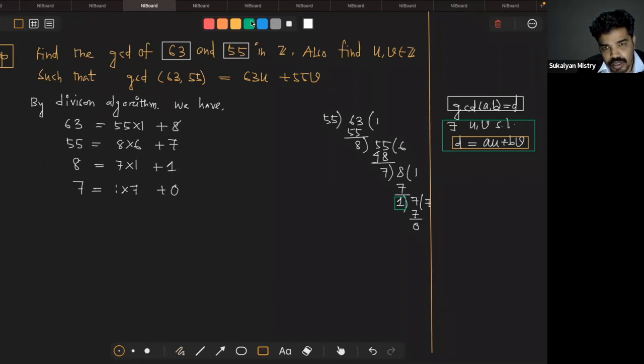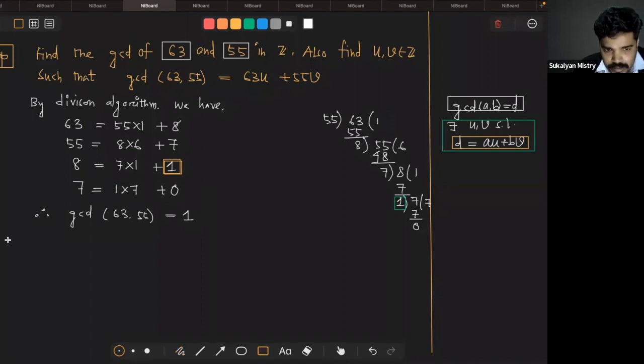So 0 পেয়ে গেছি, so 1 is the GCD. So therefore GCD of 63 and 55 is 1. Now we have to calculate the values of u and v which satisfy this relation.